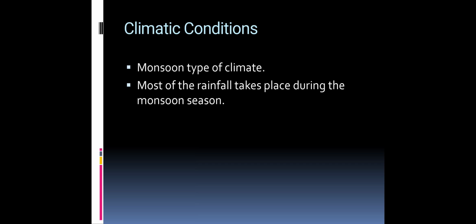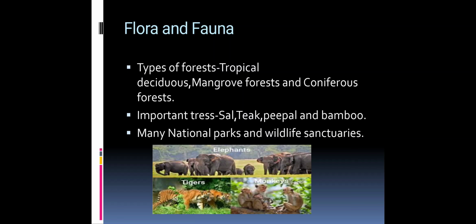After that we moved to flora and fauna, where I told you that there are three major forests found here: tropical deciduous, coniferous and the mangrove forest. However, many of the forest areas have been cleared so that land can be available for agriculture.